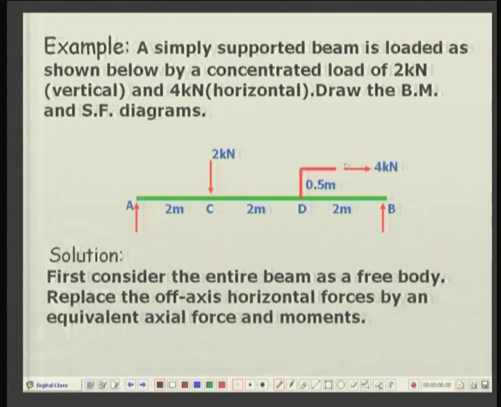Here is an example. A simply supported beam AB is loaded by a concentrated load of 2 kilonewtons at point C, and there is a bracket at 90 degrees, which is at 0.5 meters offset from the axis of the beam, and this bracket is being pulled with a force of 4 kilonewtons.